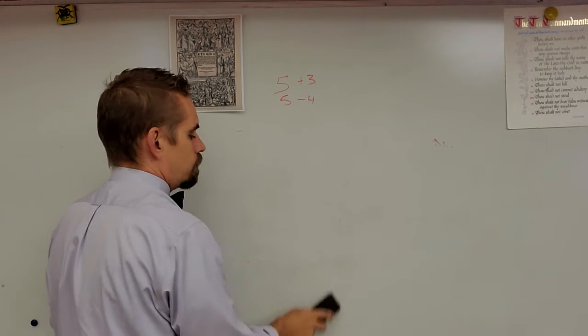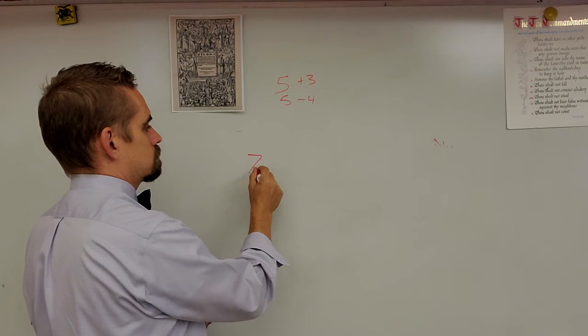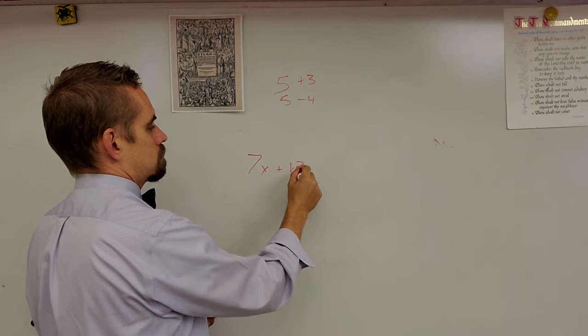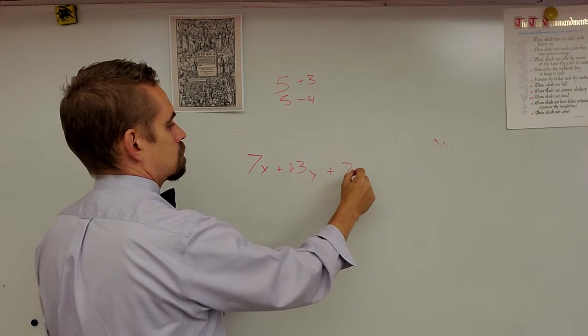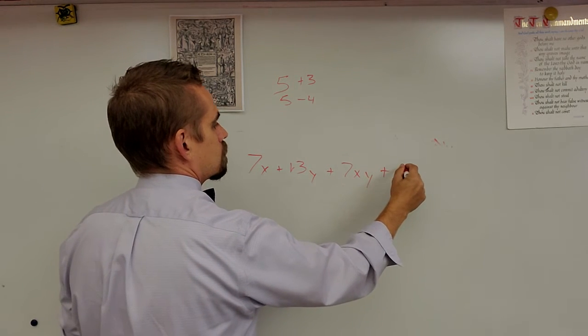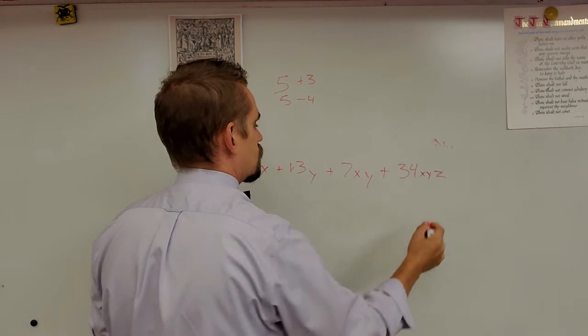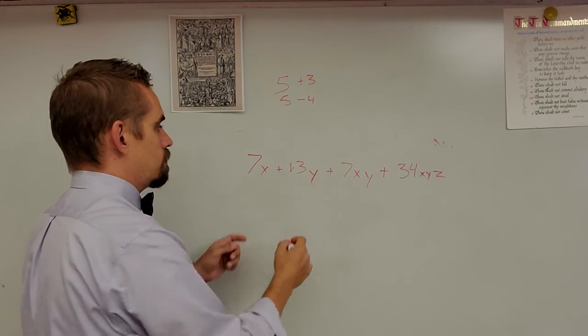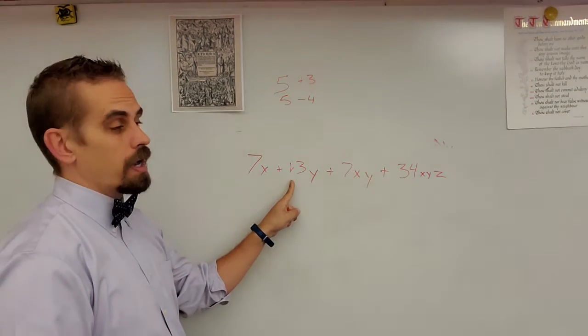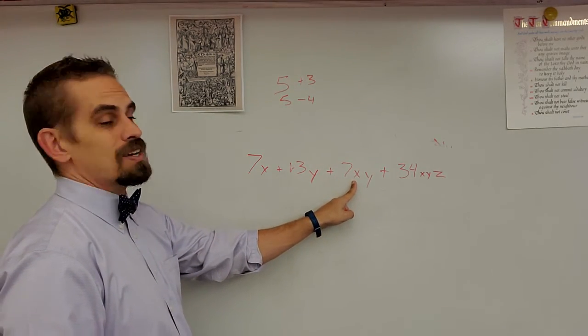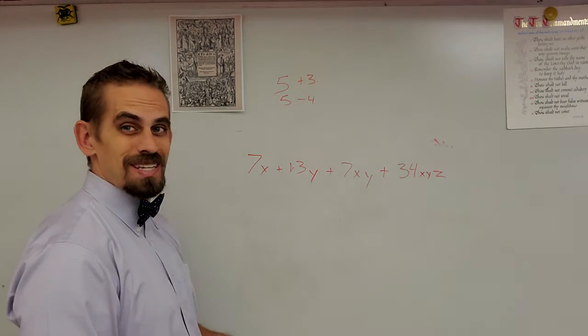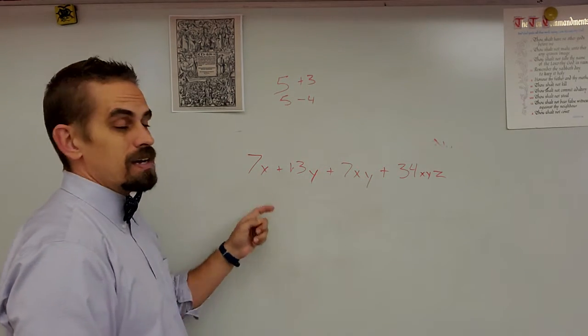If I have, say, 7x plus 13y plus another 7xy plus a 34xyz, can I combine any of those?